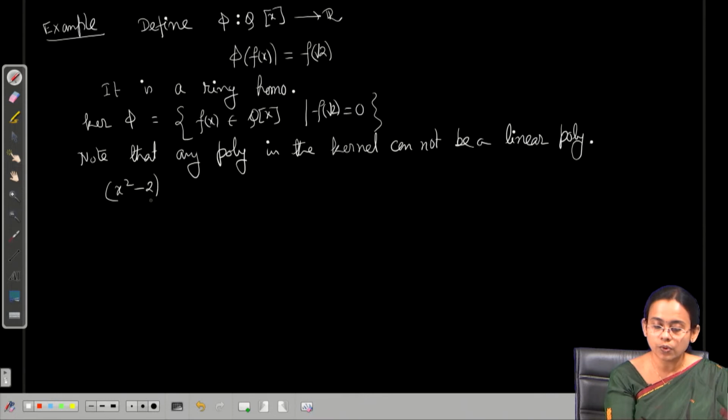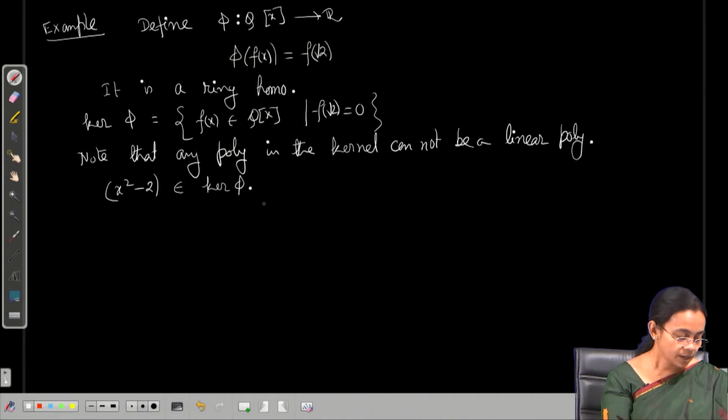This is a degree 2 polynomial, the smallest degree polynomial having root 2 as a root, and it belongs to the kernel of phi. So, any multiple of x square minus 2 will also be in the kernel. Therefore, all the multiples of x square minus 2 are in the kernel.